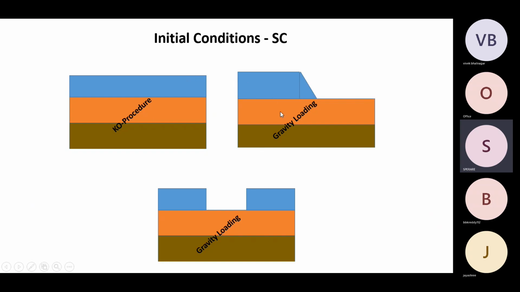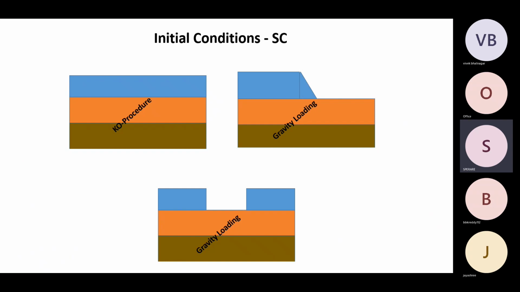For this kind of situation, you have to go with gravity loading. Or if there is any kind of break in the soil, like an excavation that is already done, and you want to consider the analysis from that point onwards, in those cases also you have to use gravity loading.